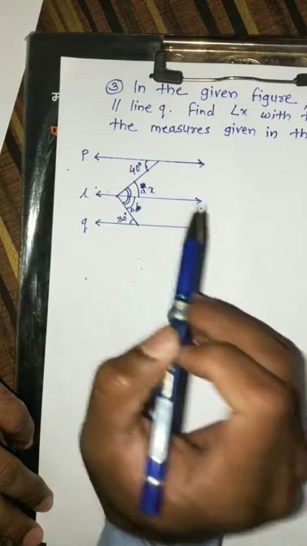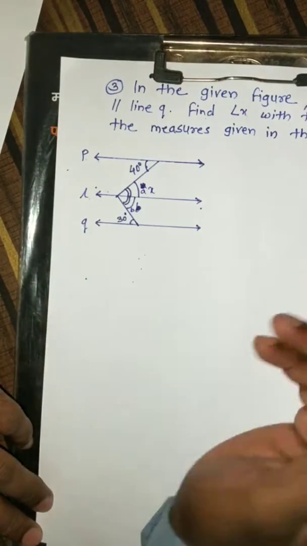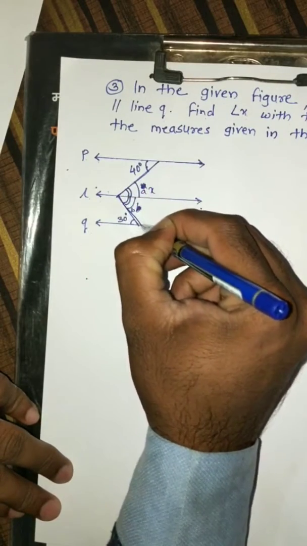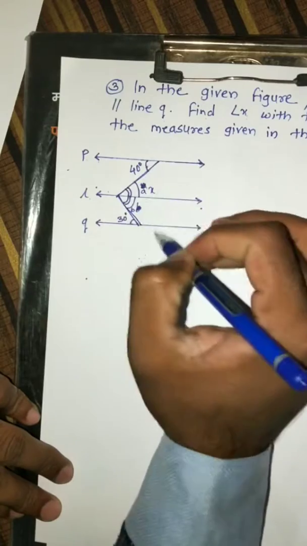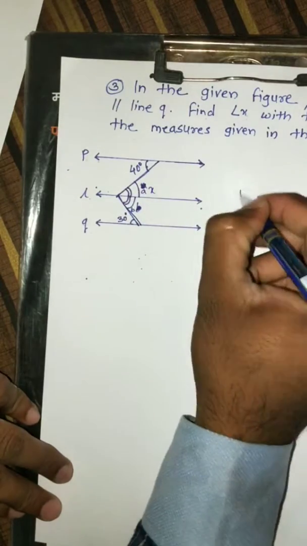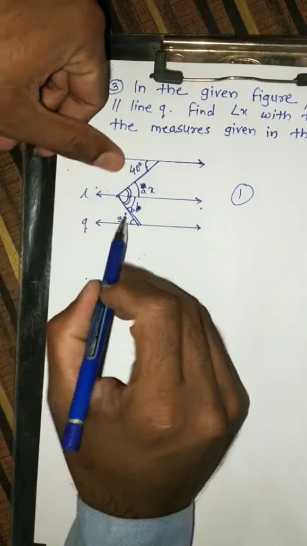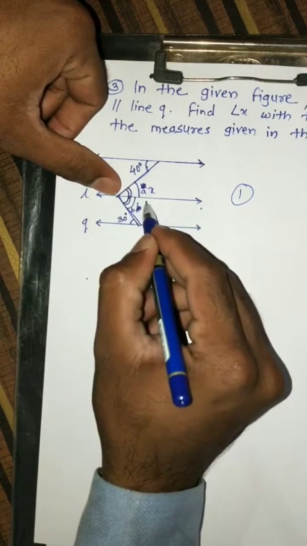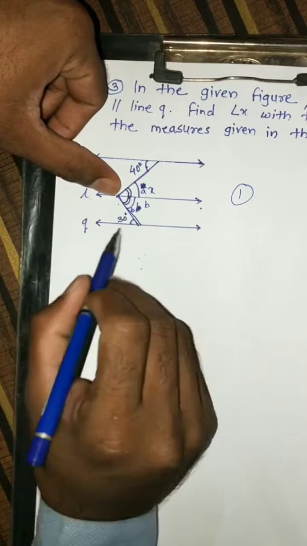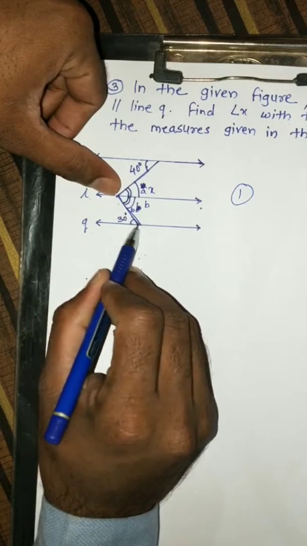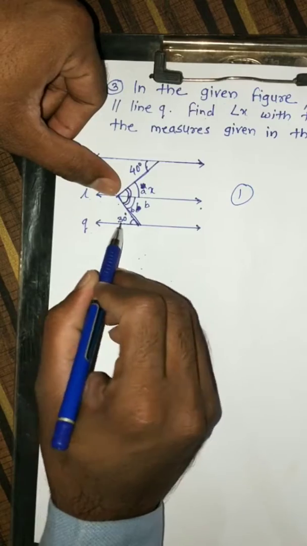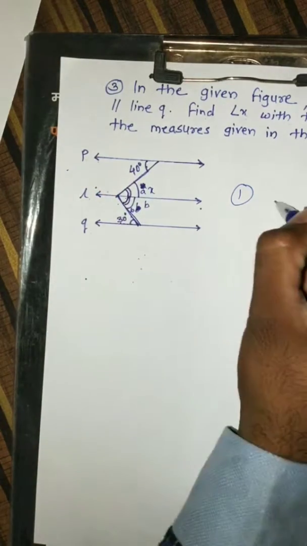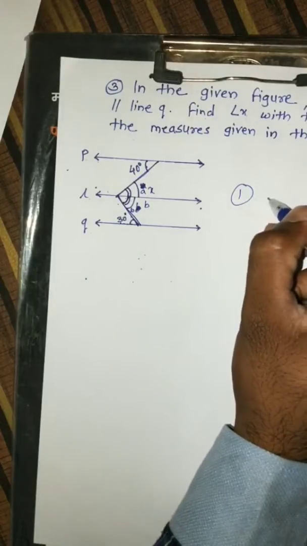Line P is parallel to line L, which is parallel to line Q, and this is angle x. We want to find this angle. So first let's find the value of this angle, B. If the angle is 30 degrees, these are alternate angles.